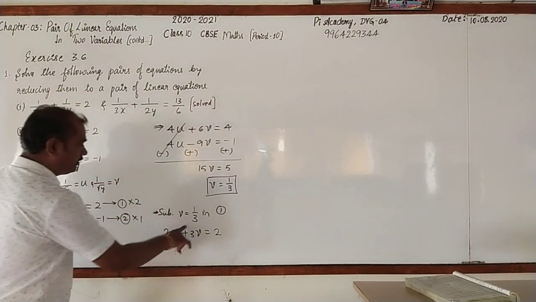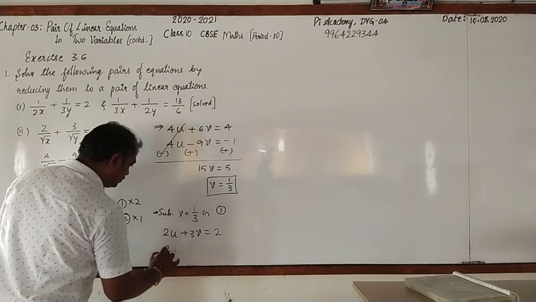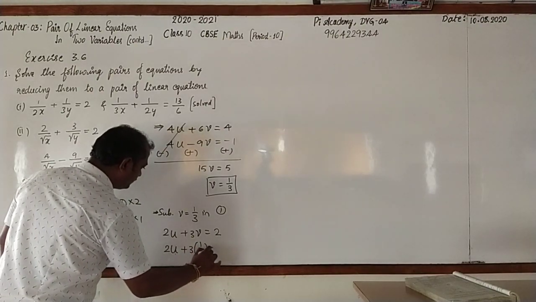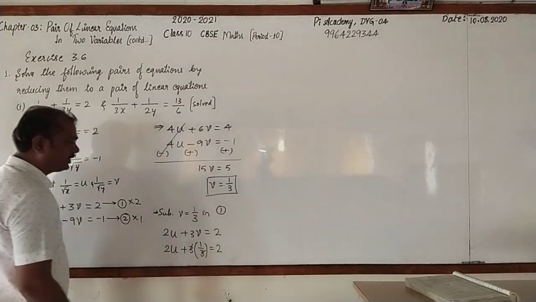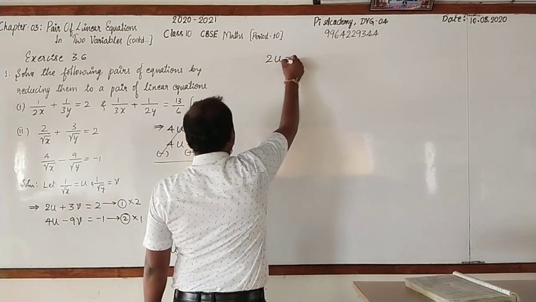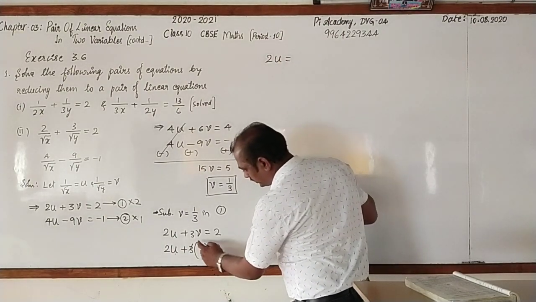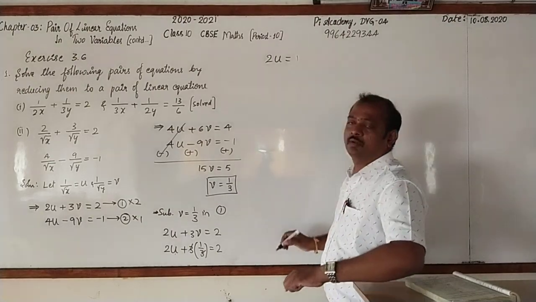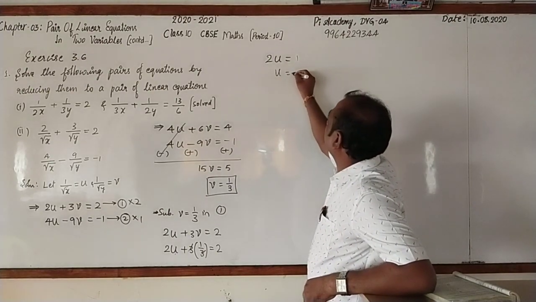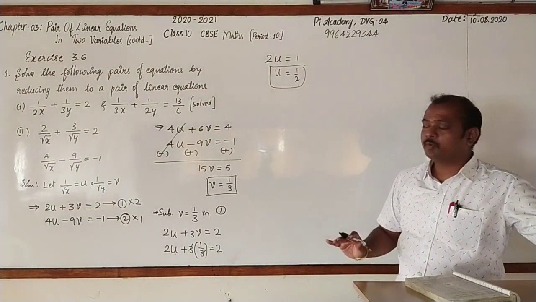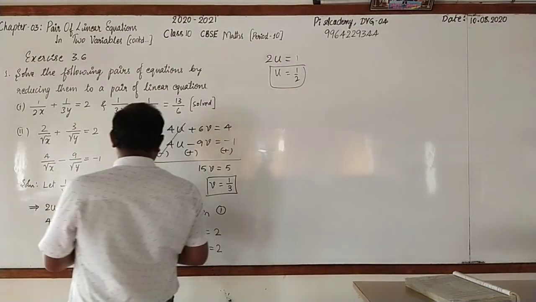In place of v, write 1 by 3. 2u plus 3 into 1 by 3 is equal to 2. 3 and 3 get cancelled. Next, this is 2u plus 1 is equal to 2. Transfer this 1 to the right hand side: 2 minus 1, it is 1. U is equal to 1 by 2. We got the u value as well as the v value.